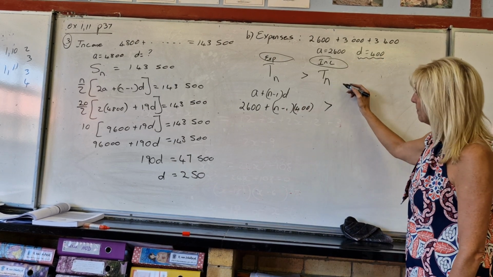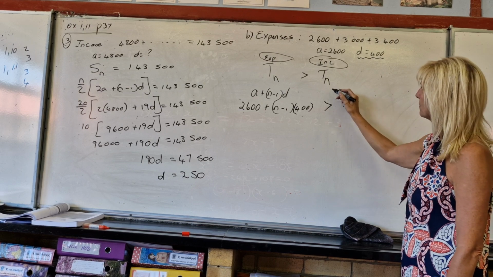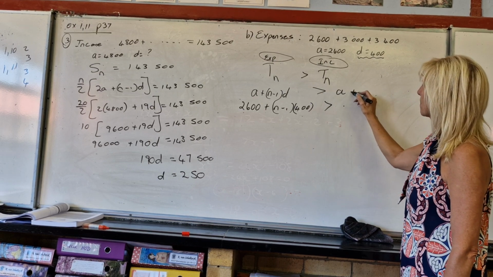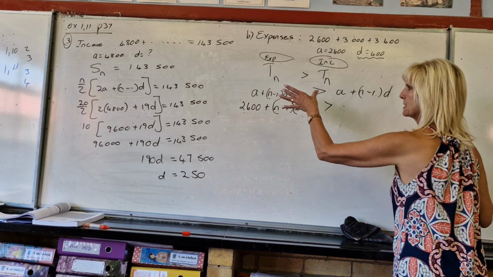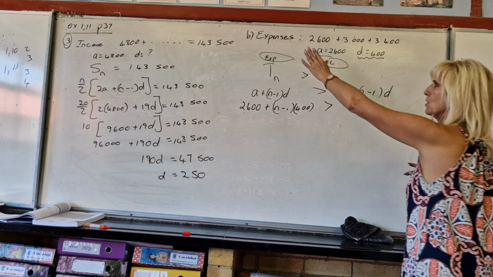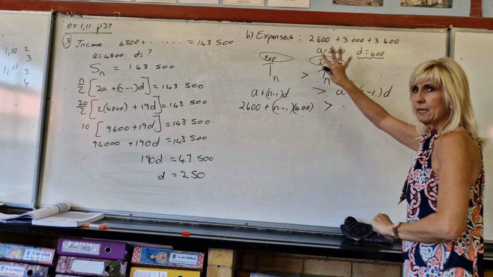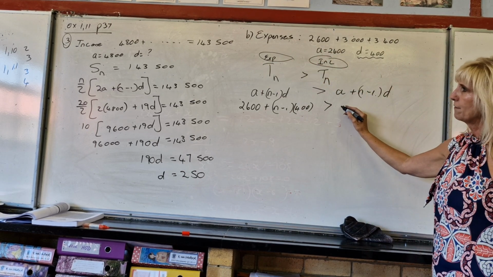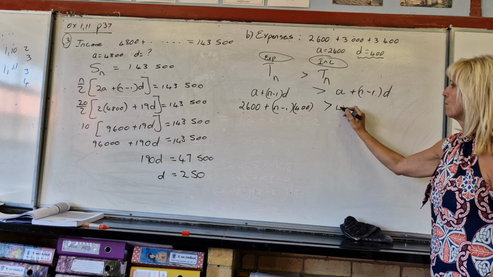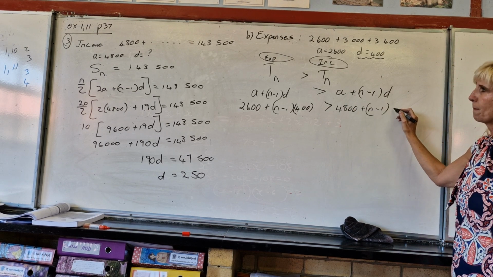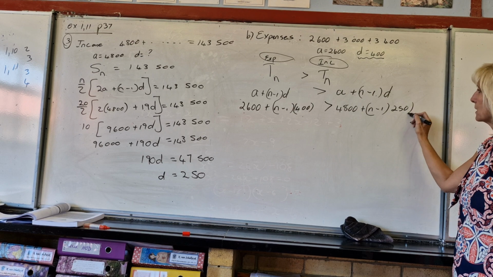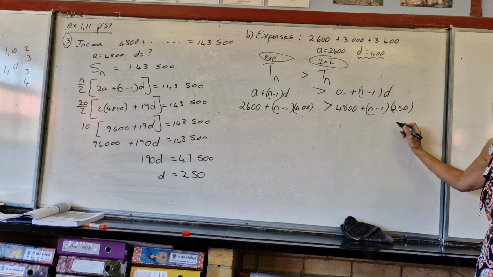For the income, the A was 4,800 and the D was 250, which you worked out yourself.